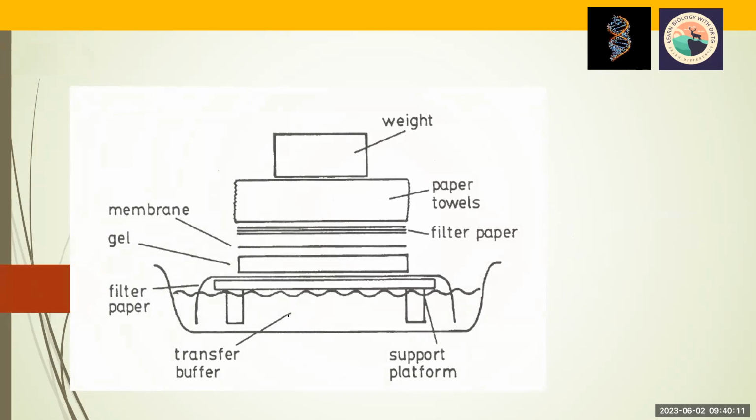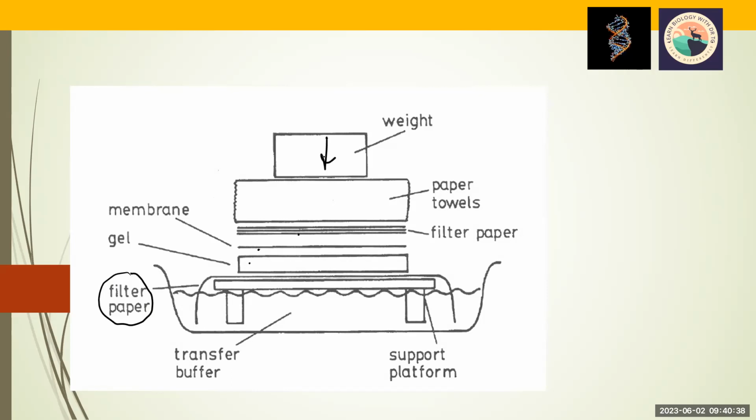So here, in the transfer buffer, we can keep a small supportive platform, and then on the platform, we can keep this filter paper. See here, this is a filter paper. And then gel, nitrocellulose membrane, filter paper, again more paper towels, and the weight. So when we keep this, we don't see space like this.